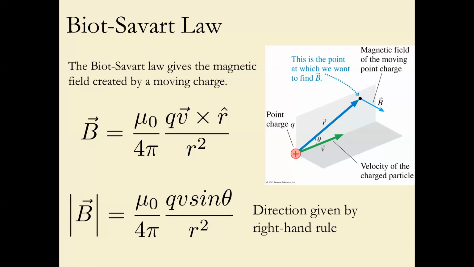You will see that the direction of the magnetic field at this point will be in this way. This is perpendicular to R. This is perpendicular to the plane of V. So in other words, magnetic field vectors are tangent to the circles drawn about the charge's line of motion.